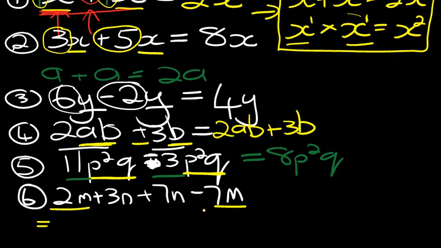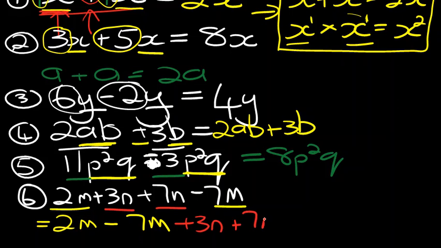So there you have 2m and negative 7m, 2m minus 7m, so I put those together, and then you have a 3n and a 7n, and I put those together. Because remember, you can swap terms around when you're dealing with addition and subtraction, as long as you keep your operation with the term. So that's why I kept a negative there with the 7. Okay, so let's simplify that and see what the answer is.